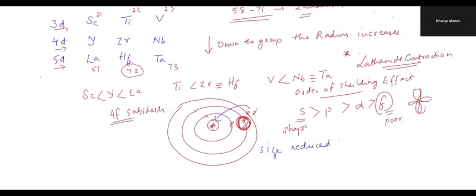So because of the lanthanide contraction, or screening effect, which happens because of the poor shielding effect of f orbitals, 4D and 5D have similar size.